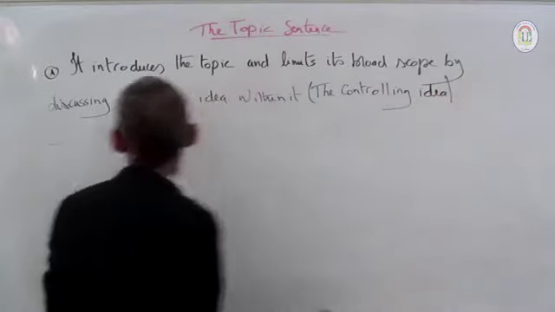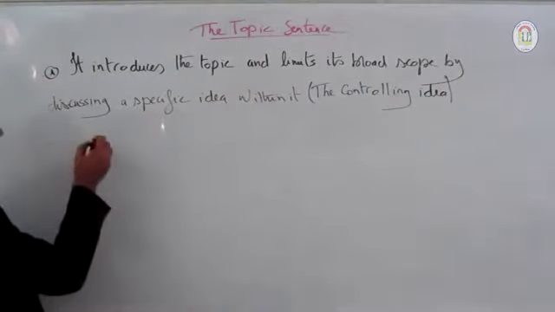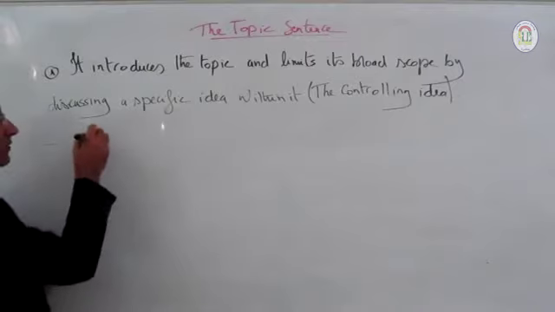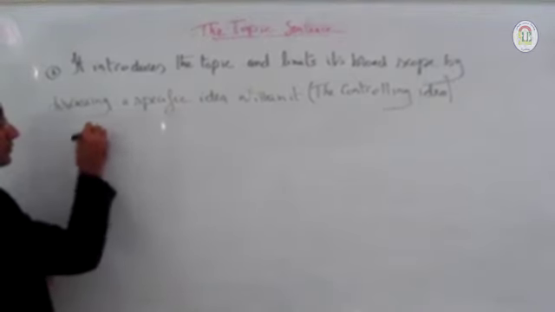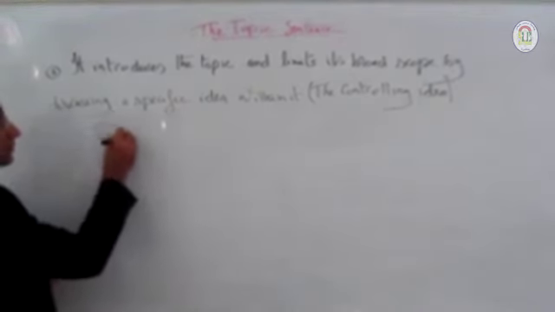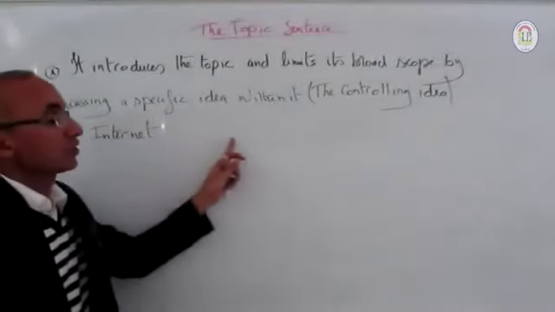For instance, we have the topic of internet. So it's not enough to say, okay, the internet is today very worldwide, full stop. It is still very broad and general.